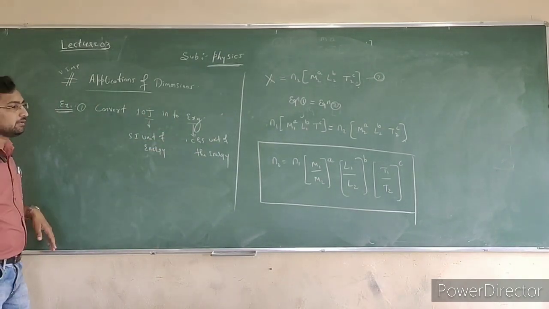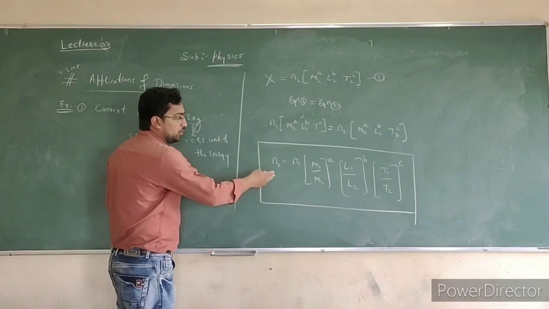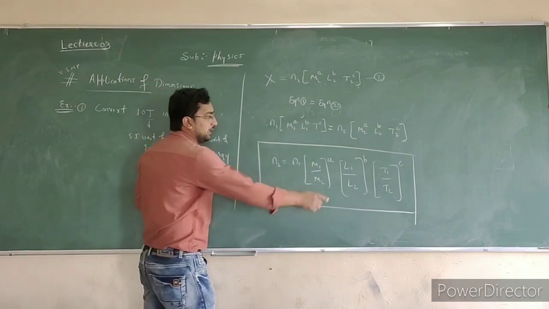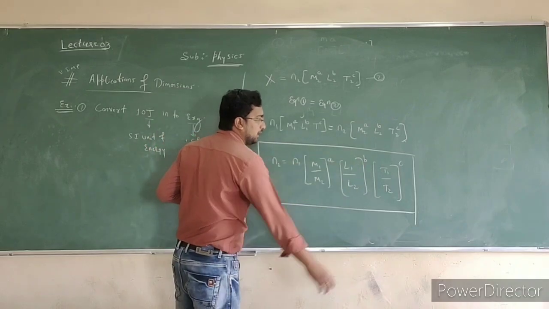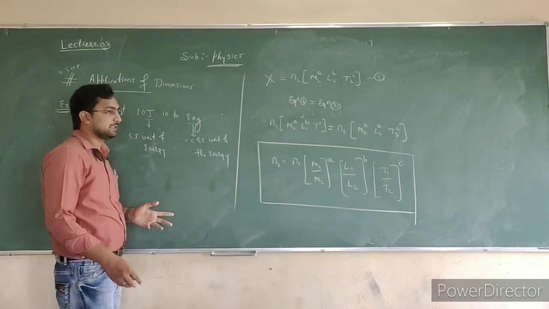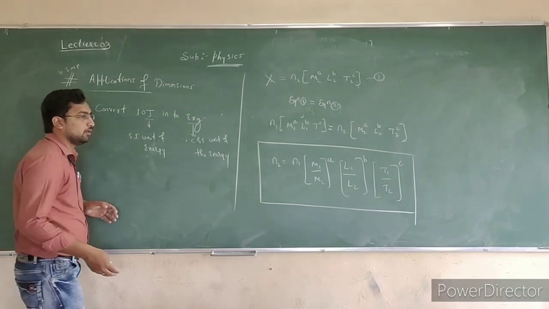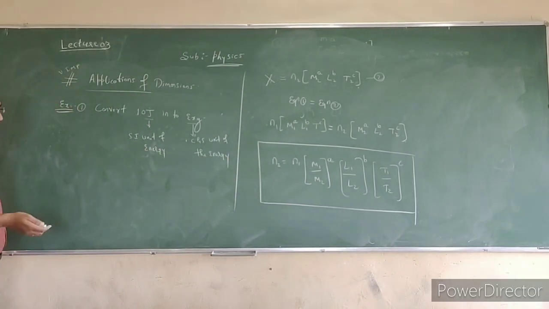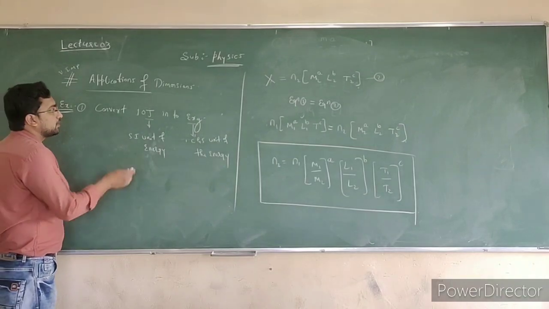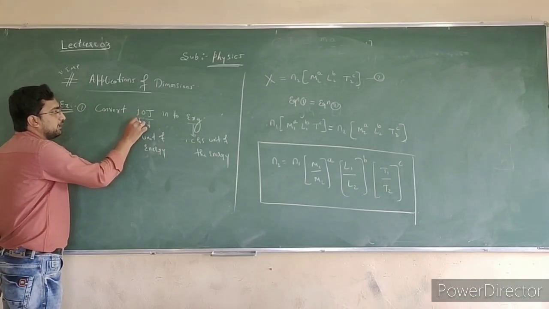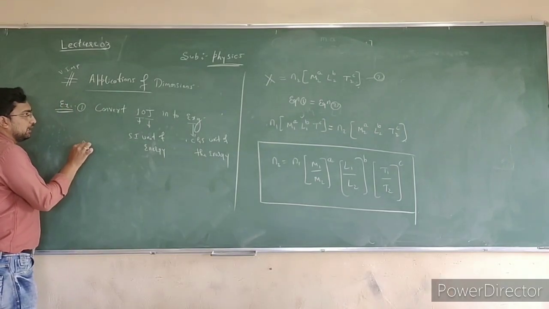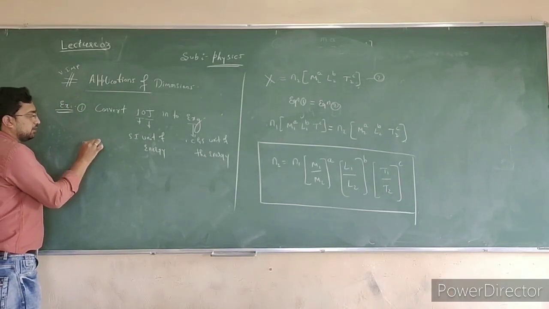Okay. So already we know the general expression. N2 is equal to N1 bracket of M1 by M2 to the power A, then L1 by L2 to the power B, T1 by T2 to the power C. So then we are going to find out the M1, M2 value, L1, L2 value, and T1, T2 value. Okay, see here. This is the 10 term, it denotes the N1 value. So here N1 is equal to 10.